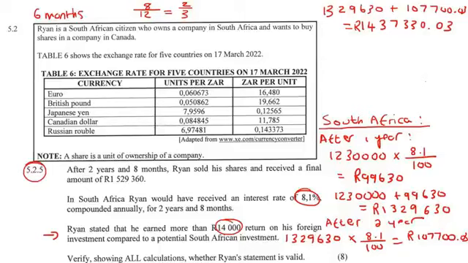So what we can do now is we could say, okay, so this is the amount of money that we had after 2 years. So we could say 8.1% multiplied by that amount. Okay, but then you're going to multiply that by 2/3. What that does is it just tells this interest rate that it's not a full year, it's only 2/3 of a year.